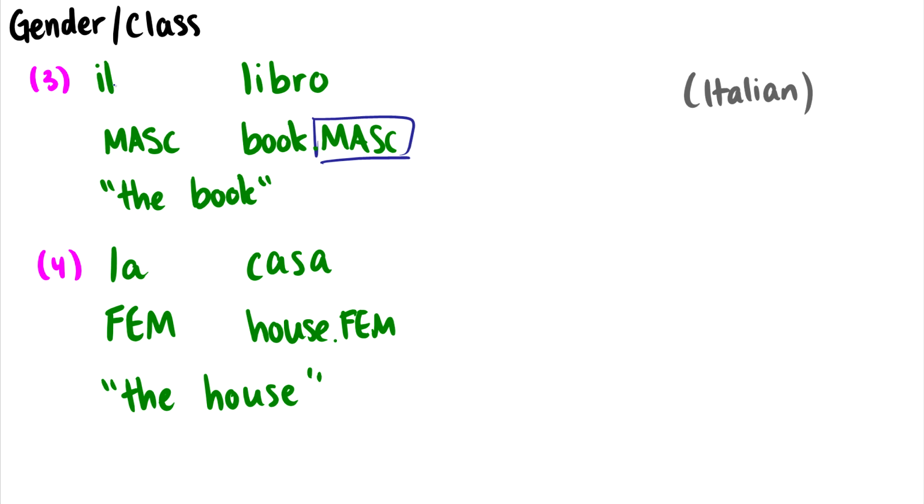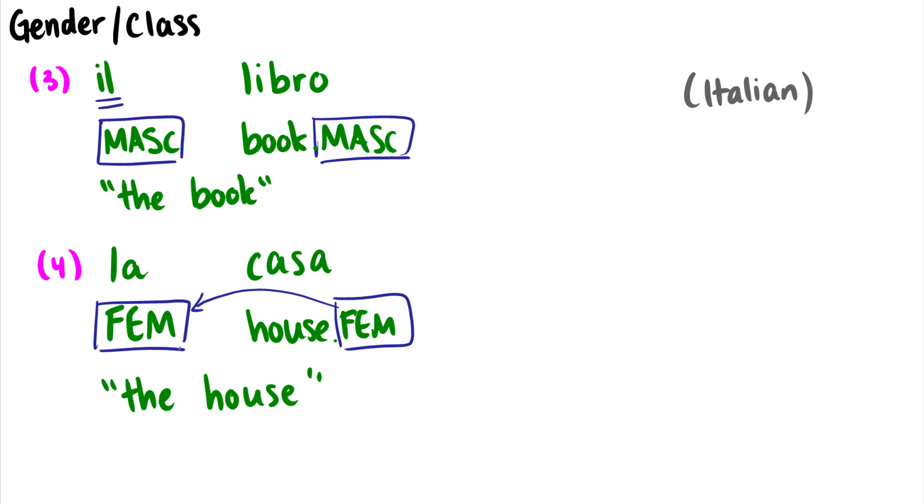But when we pick our article here, so our the in this case, it also has to match the gender of the noun. So if book is masculine, then we better pick il as our masculine definite article. For la casa, casa is house, it's feminine, so we expect our determiner again to be feminine as well. Okay, they have to match, otherwise it's ungrammatical.